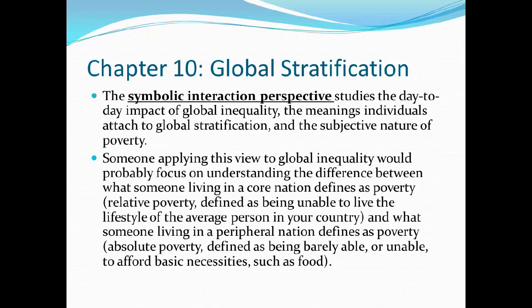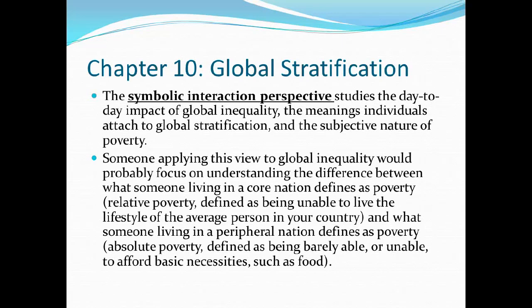A symbolic interactionist looking at global inequality would focus on the difference between what someone living in a core nation, a richer nation, defines as poverty, which is relative poverty, defined as being unable to live the lifestyle of the average person in, say, the United States. And what someone living in a peripheral, poor nation defines as poverty, which is absolute poverty, defined as being barely able or unable to afford basic necessities such as food.